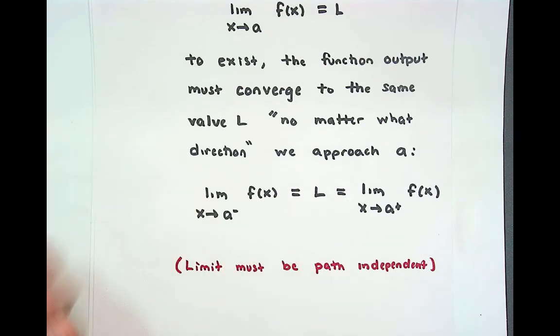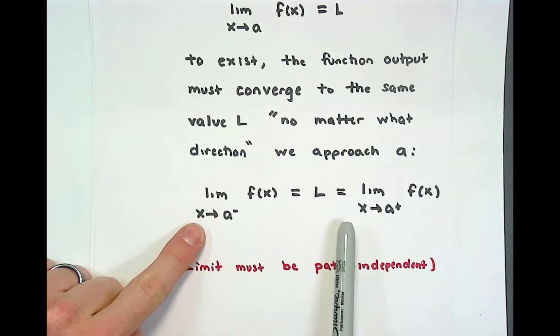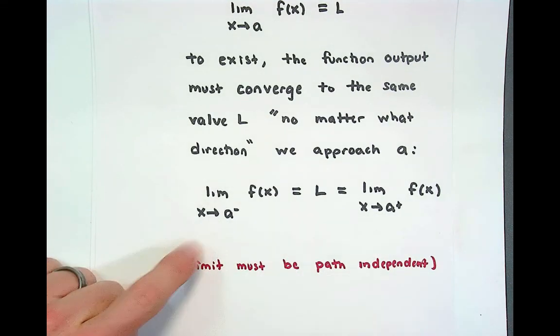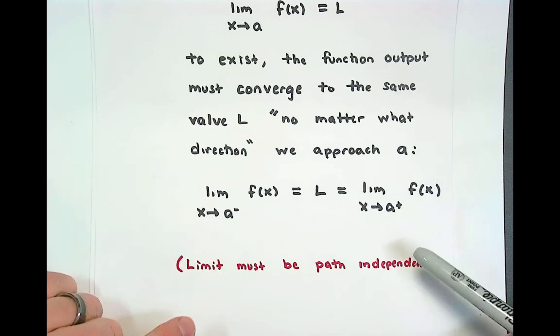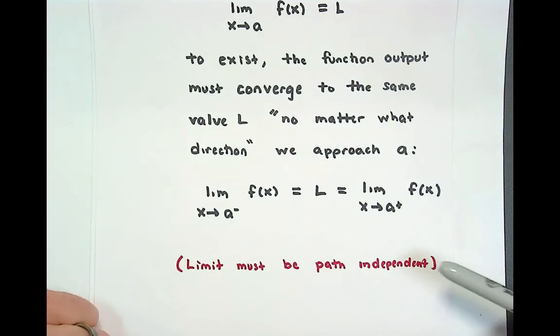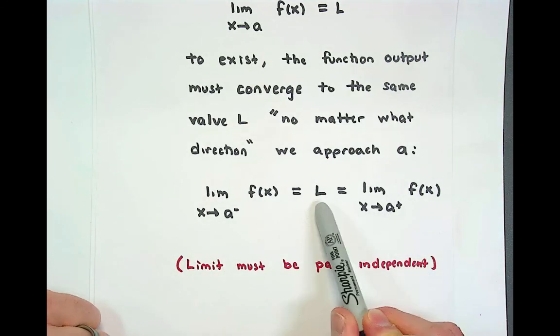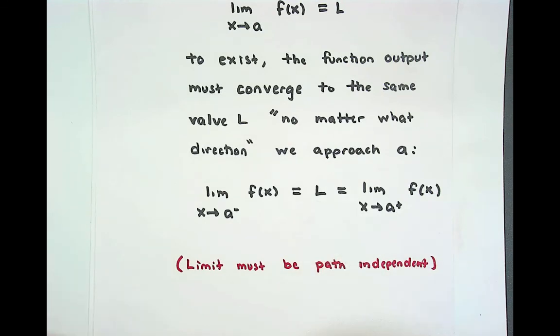This observation right here, we're going to generalize as the two-path test. Just like if the left-hand limit is different from the right-hand limit in Math 1A the limit doesn't exist, so too in Math 1C, if we can find two different paths that produce two different limiting values, we will say that the multivariable limit does not exist.